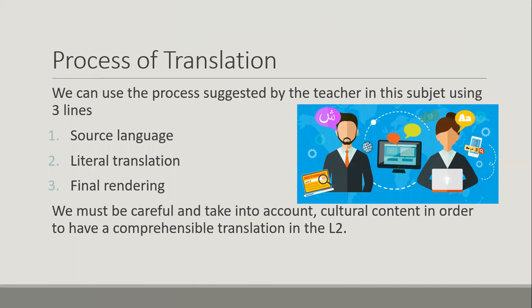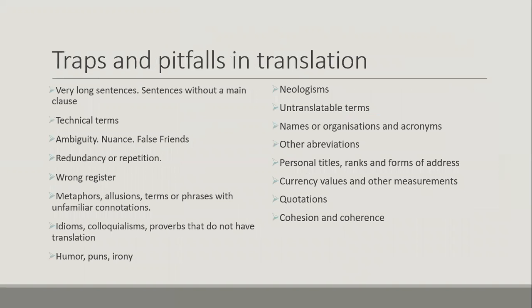In this one, we work with three lines, making two drafts. First, we have the source language, then the literal translation we do really quickly without stopping to think a lot about what we're translating, and the final rendering where we actually take into account all the aspects we already mentioned, like culture and specific use of the target language.